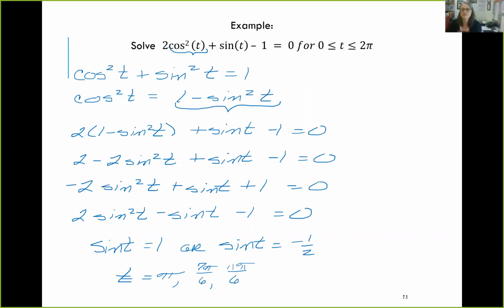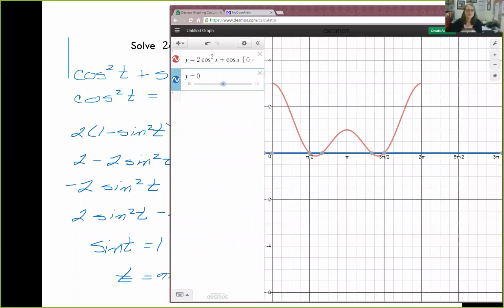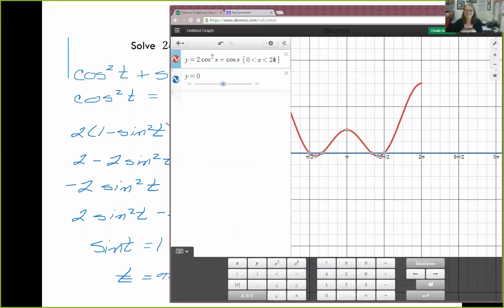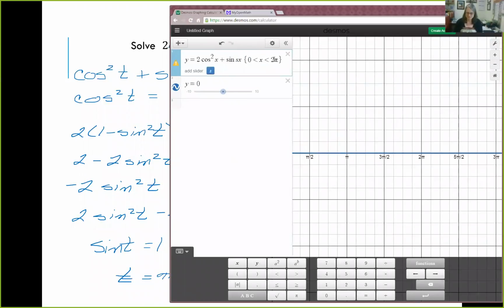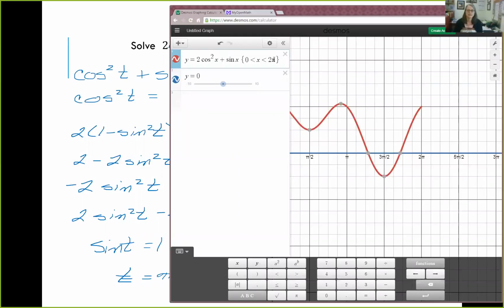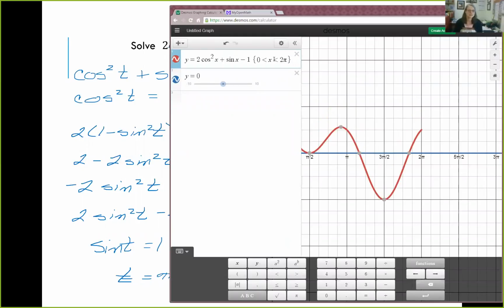Let's go consult Desmos real quick. Desmos doesn't care if everything's the same. So let's see, we've got 2 cosine squared x plus sine x minus 1 equals 0.